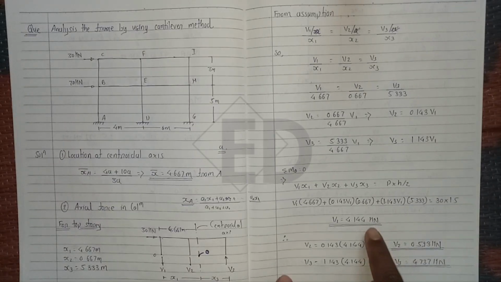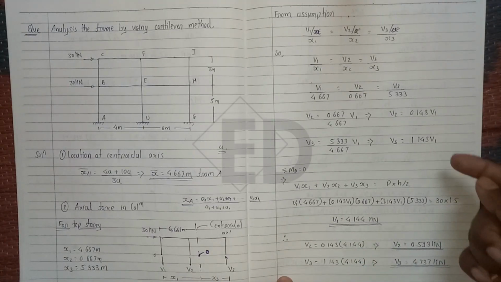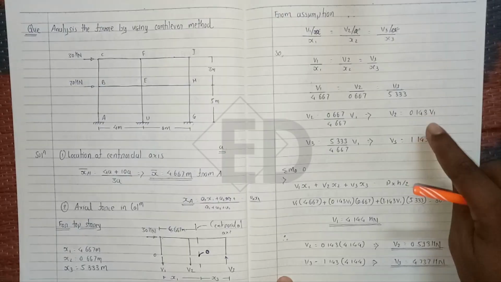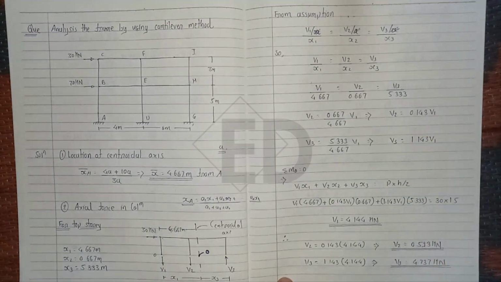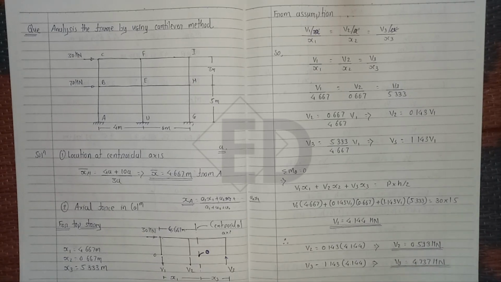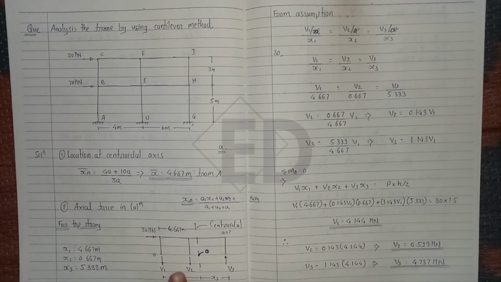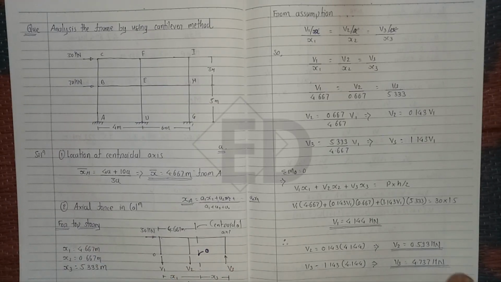Once we get the value of v1, we are able to calculate the values of v2 and v3 just by putting the value of v1 here. So we get v2 equals 0.593 kilonewton and v3 equals 4.737 kilonewton. So here we calculated the axial forces in the columns for the top story.